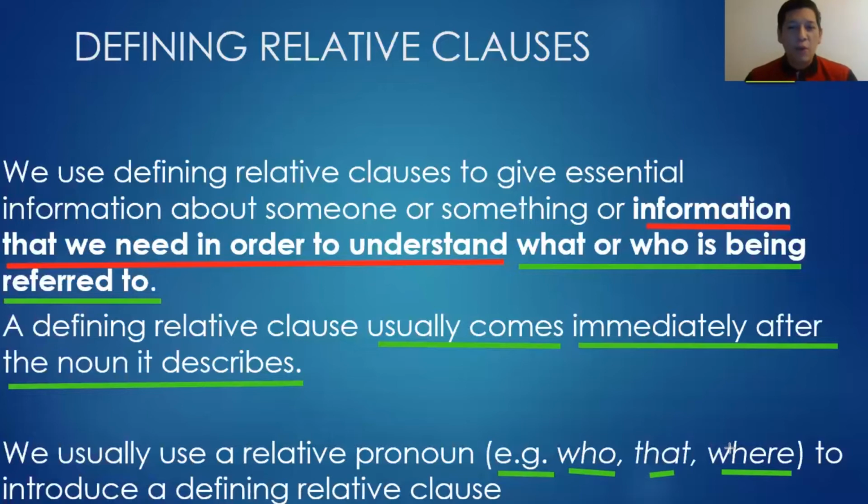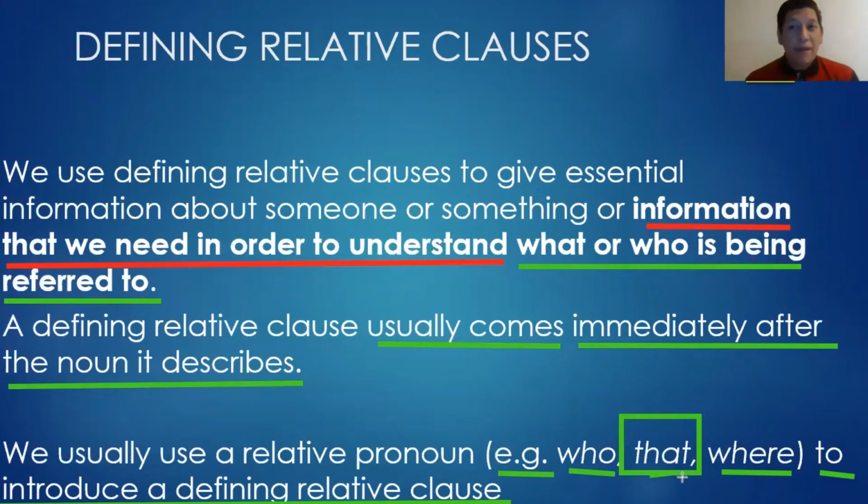Now, continuing with, it says, we usually use a relative pronoun, example given, who, that, or where, to introduce a defining relative clause, okay? This is very important. And mostly, one that is super important is this part, that. That is a relative pronoun that we only use when we're talking about defining relative clauses, okay?